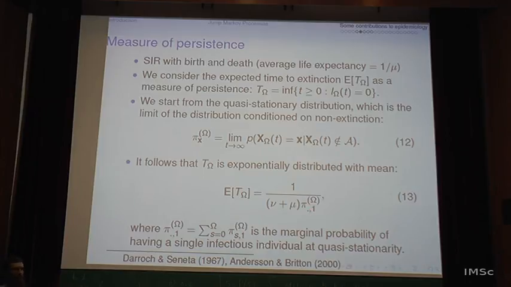So that's the probability to exit this state where you have only one infectious individual. And so it's the marginal probability of having a single infectious individual at quasi-stationarity.